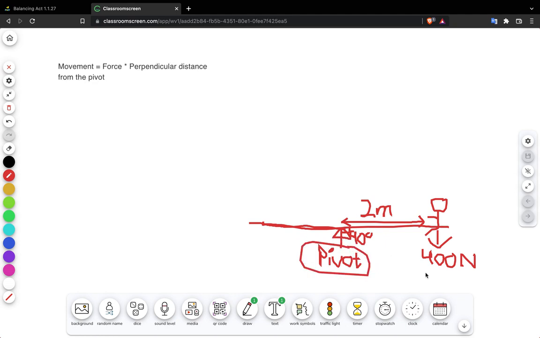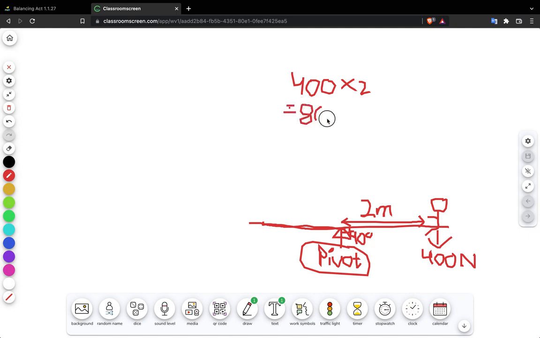Now we need to just multiply it simply. 400 multiplied by 2 is equal to 800. Now, is this our answer, or are we missing something?